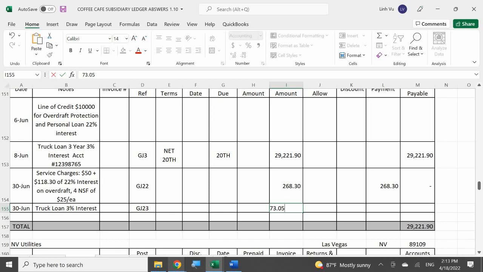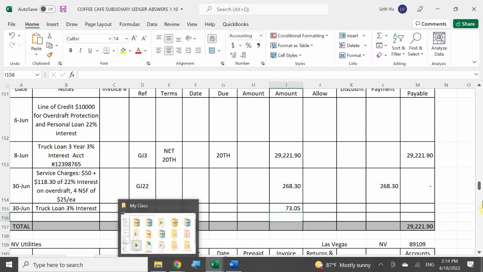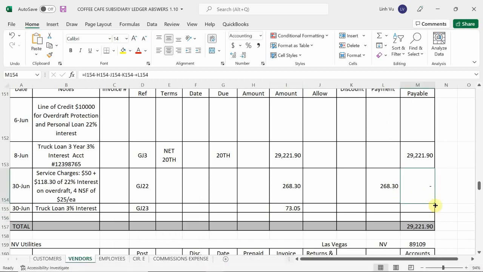That's going to be relative because you're charging as much as you go. You have a $10,000 cap. However, that in this case is variable. In this case, we have a flat rate. So all we're actually recording here is just the interest that you've collected, and therefore you owe an additional $73.05. So when you do make a payment, right now it says you owe $29,294.95, which is correct.